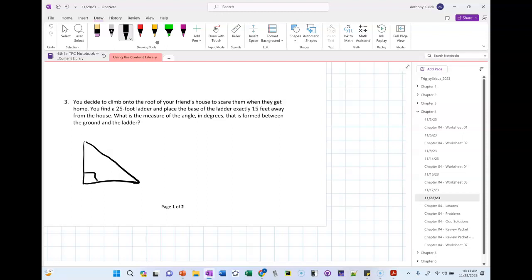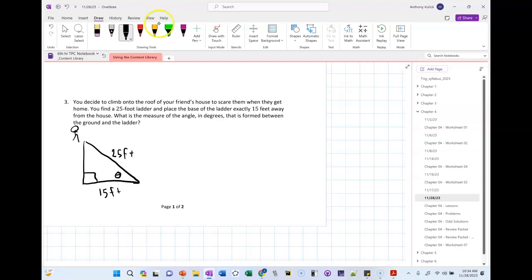You find a 25-foot ladder and place the base of the ladder exactly 15 feet away from the house. What is the measure of the angle in degrees that is formed between the ground and the base of the ladder? So that's that. So there's our picture. Nick, we okay with what we did there?